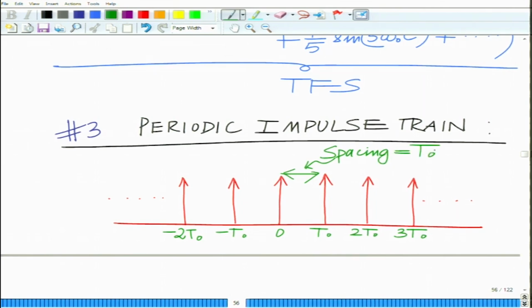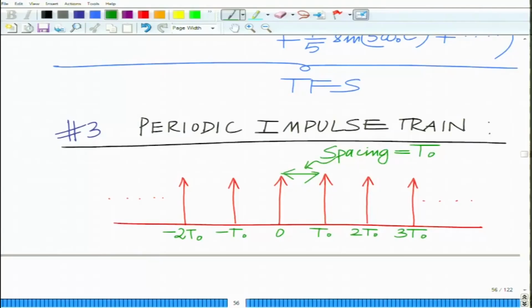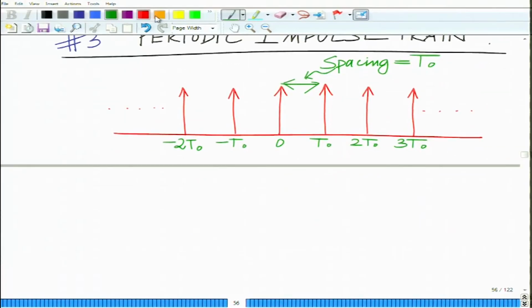So, you can say this is a periodic signal. Okay. So, this periodic signal comprising unit scaled impulses spaced at periodic intervals of t naught, at multiples of t naught, is termed as an impulse train, or a periodic impulse train.